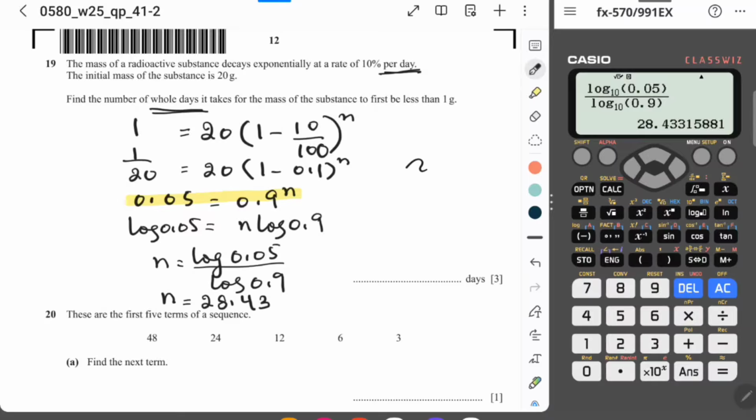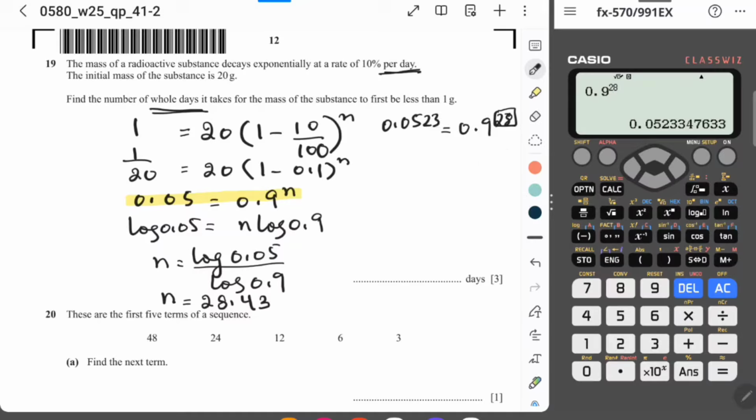If I try the power of 28, 0.9 to the power of 28 becomes 0.0523.